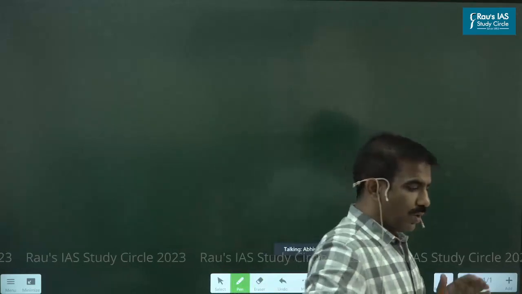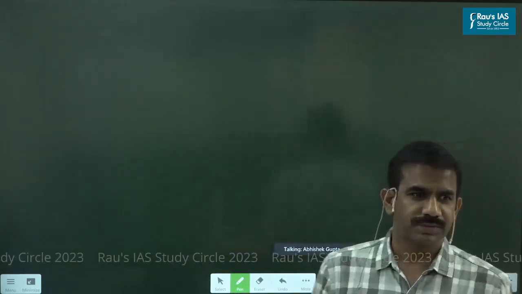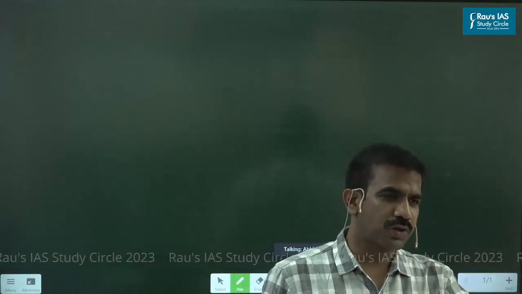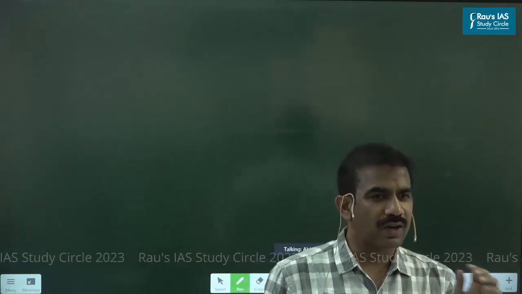So for the next 1 week, I'm not going to start any topic. Then what I'm going to do? I'm just going to give you a brief introduction of certain terms, terminologies, and we'll try to master the art of drawing graphs. Okay. So if you master the art of drawing a graph, it means a very good part of your job is done.